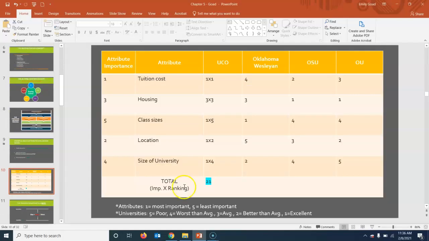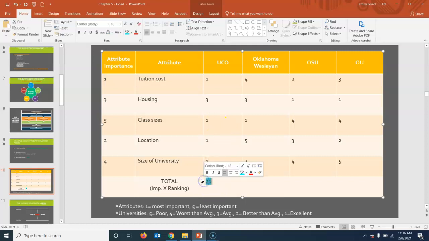From there, you're going to just rank where you think that each university falls on these different attributes.